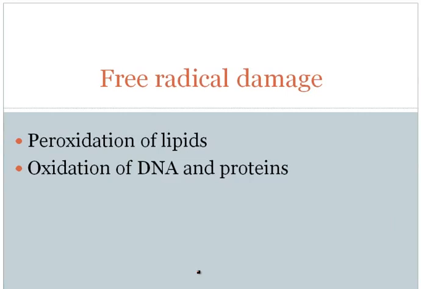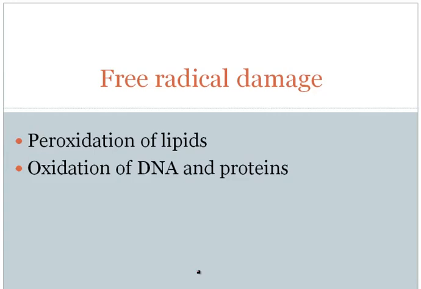What's the problem with free radicals? I mean, so what? If you get a free radical, I've told you it injures the cell, but how? So free radicals can do a couple things. Number one, they peroxidize lipids, and that is damaging, particularly to the lipid membrane. And number two, they have the ability to oxidize, and in particular, they can oxidize DNA and proteins.